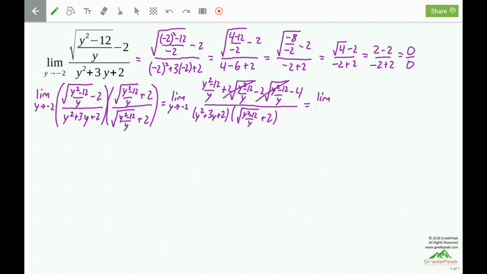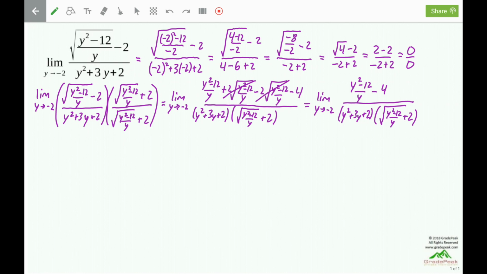So we have the limit as y goes to negative 2 of y squared minus 12 over y, minus 4, divided by the entire denominator of y squared plus 3y plus 2 times the square root of y squared minus 12 over y, plus 2. We still have 0 over 0. That hasn't changed yet. Multiplying by a root conjugate doesn't change it. It just changes the form.